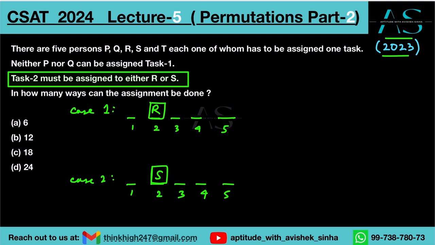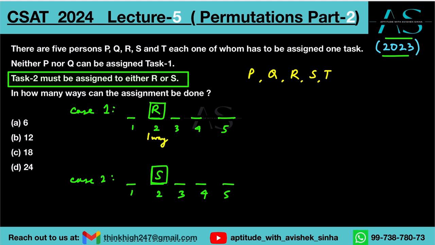Now, we try to solve this question by solving these cases individually. How do we do that? How do you assign? We have how many options? P, Q, R, S and T, 5 persons. You know for a fact R is assigned to task number 2. You know this with certainty. Therefore, you can say this can be done in one way.